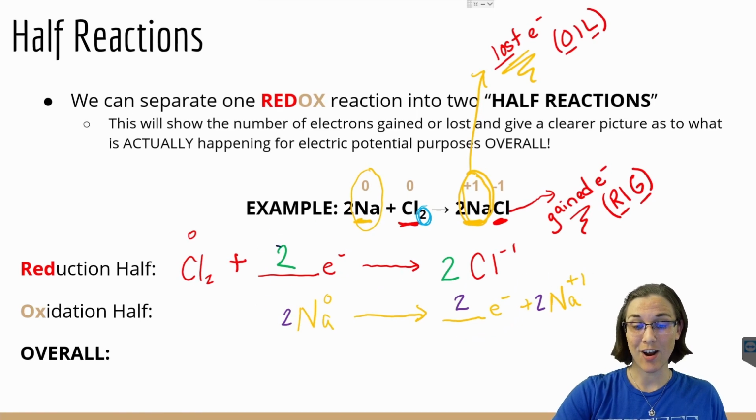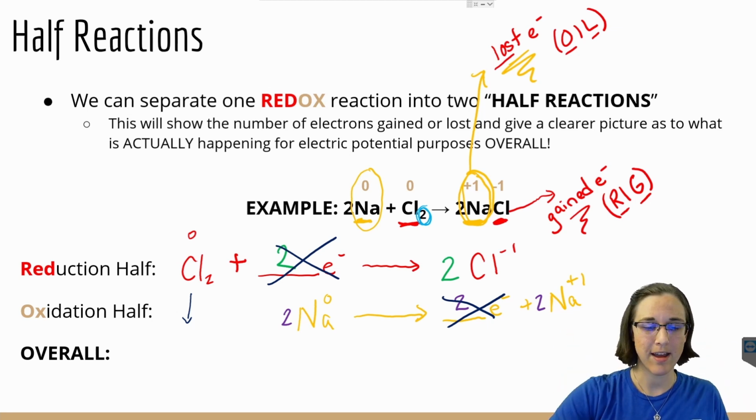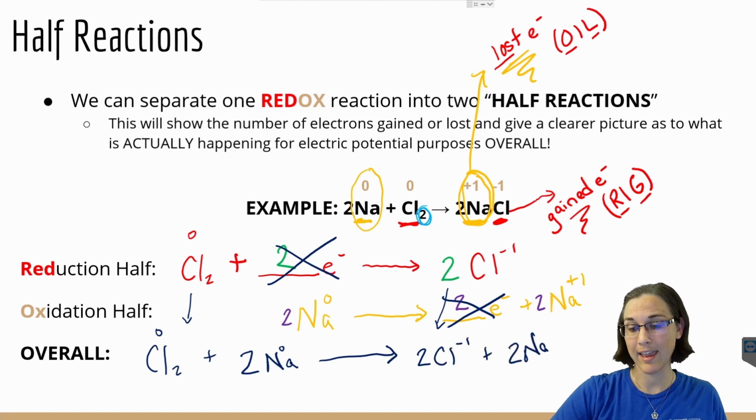Now we can see that our 2 electrons do cancel out from reactant to product side, and we can write our final overall equation. We're just going to drag down all the other atoms that didn't get canceled. We have Cl2, standard state, plus 2Na, standard state, reacting to form 2 Cl -1s and 2 Na +1s.